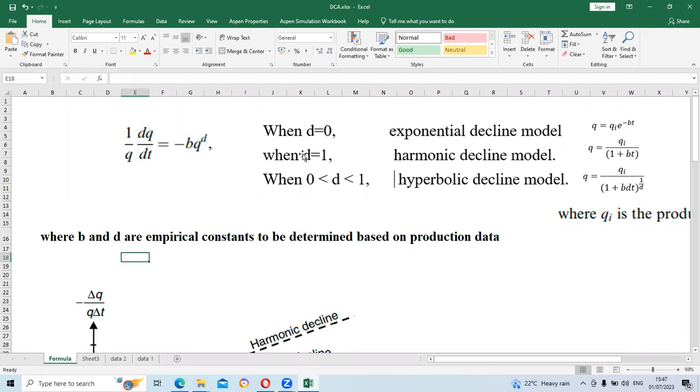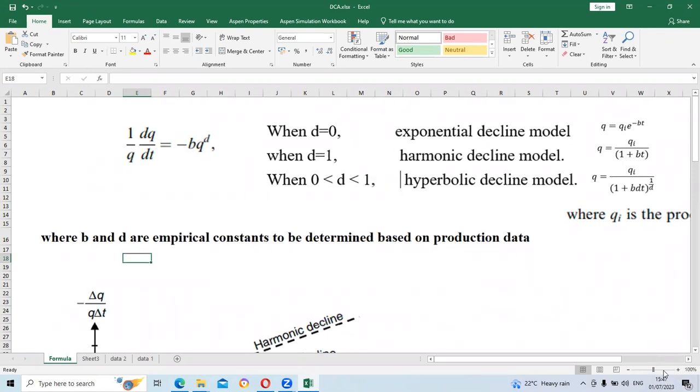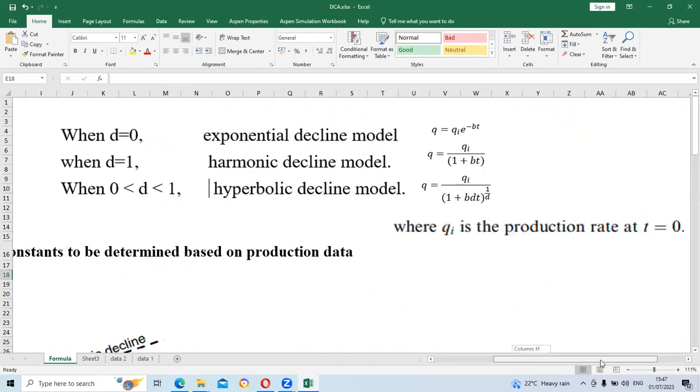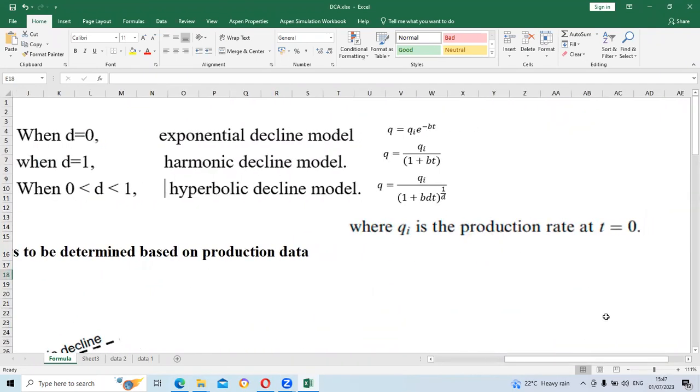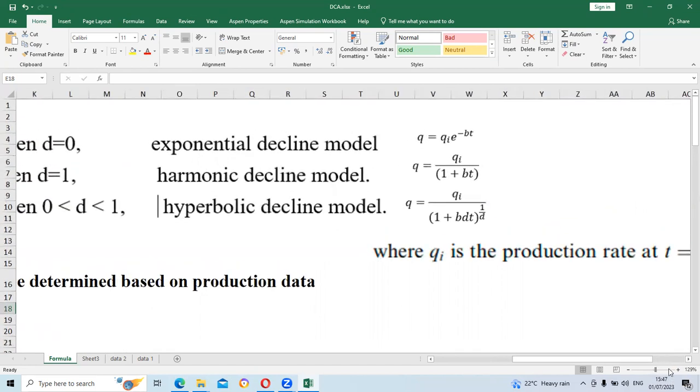So harmonic decline model is when d equals 1, exponential is when d equals 0, and the hyperbolic is when d is sandwiched between 1 and 0. If you look at it, it is only the hyperbolic equation that is very complex because it depends on b and d, but these equations depend only on b, because the initial flow rate, qi, we will definitely know.